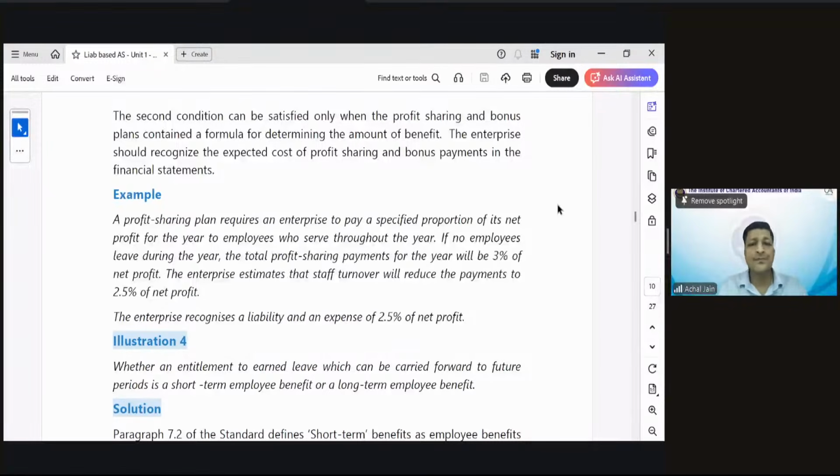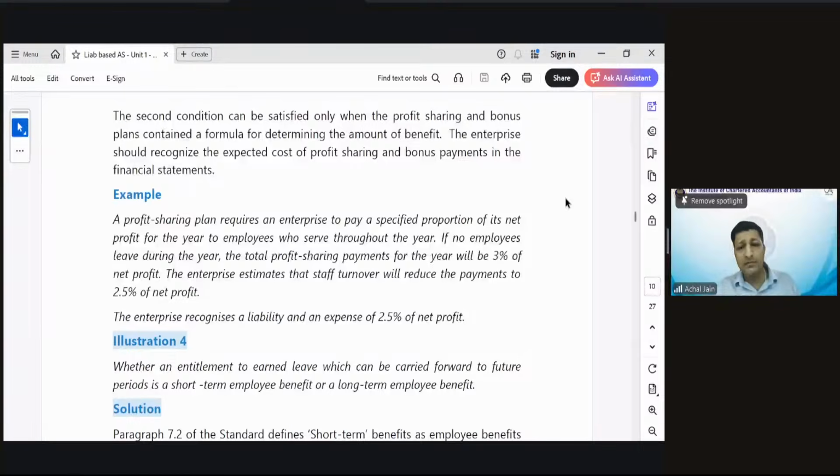Answer is no. So we should not be recording the expense for those employees who are not expected to be with the company. That's why you will record this expense for 2.5%, something which Kuldeep also mentioned. Great. Now, let's look at one more example.